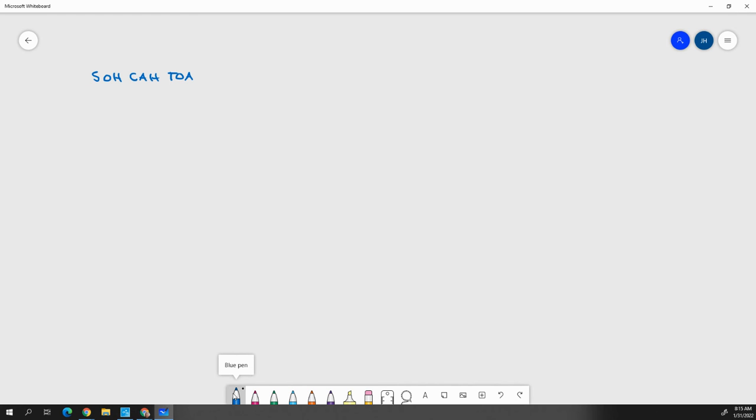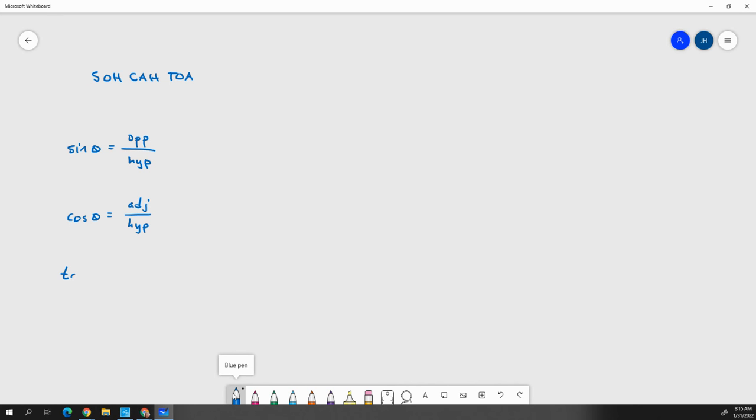Ultimately, what it's saying is that sine of theta equals the opposite side length over the hypotenuse, right? SOH. Cosine of theta equals the adjacent side length over the hypotenuse.